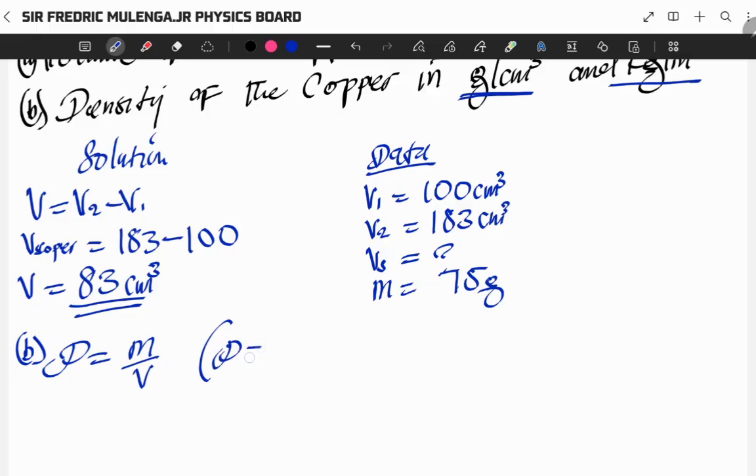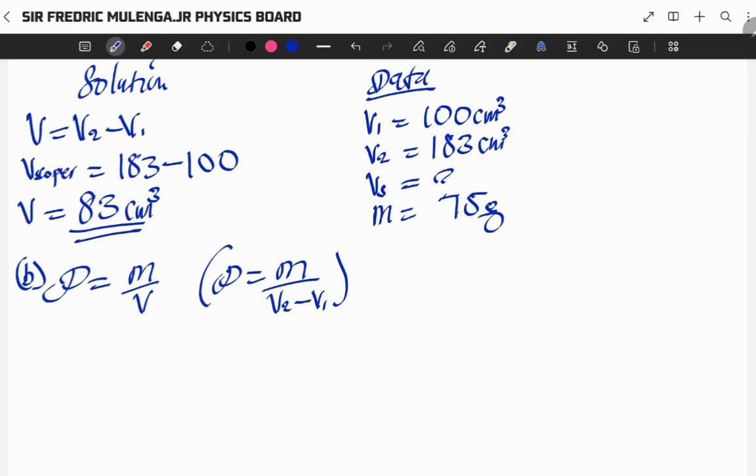So density is equal to mass over V2 minus V1. This will still take you to the same answer. Okay, so I'll show two formulas here. So mass is just 75 grams over 83 centimeter cubic.